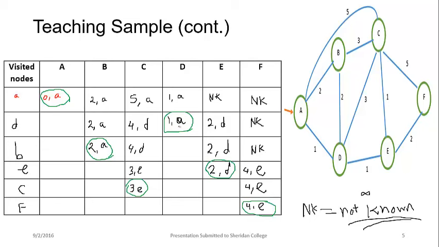And then I arrive at A by 0A. So I started from A and worked my way from A to A, 0A. So in other words, if I want to get to F, the path is A, D, E, and F.